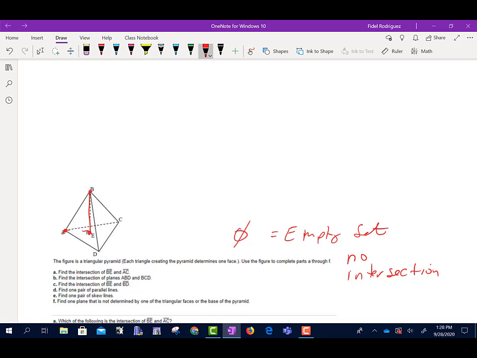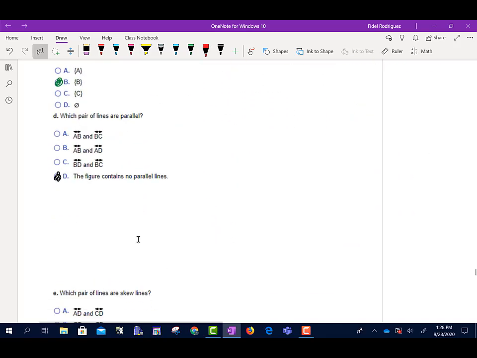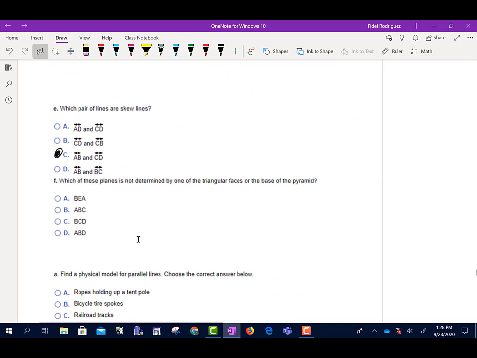Okay, so remember, this goes down to the middle, right? So it's sort of a little triangle that's on the inside of that triangle, okay? And inside that pyramid. It's not one of the faces, and it's not the base, right? So BEA would be my correct choice, okay?